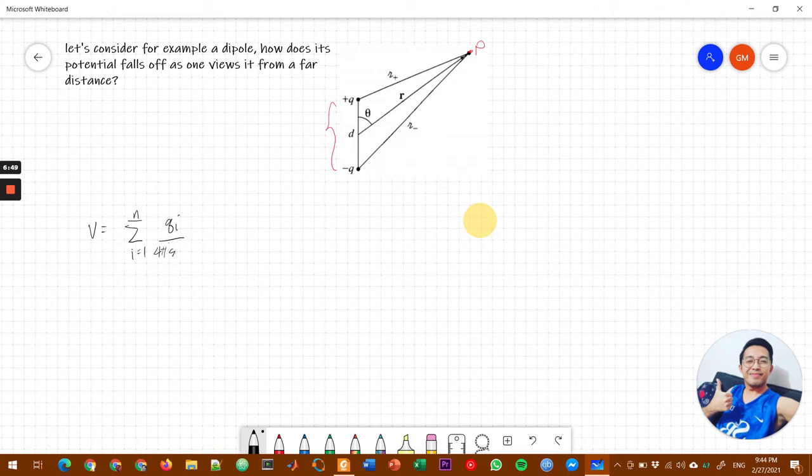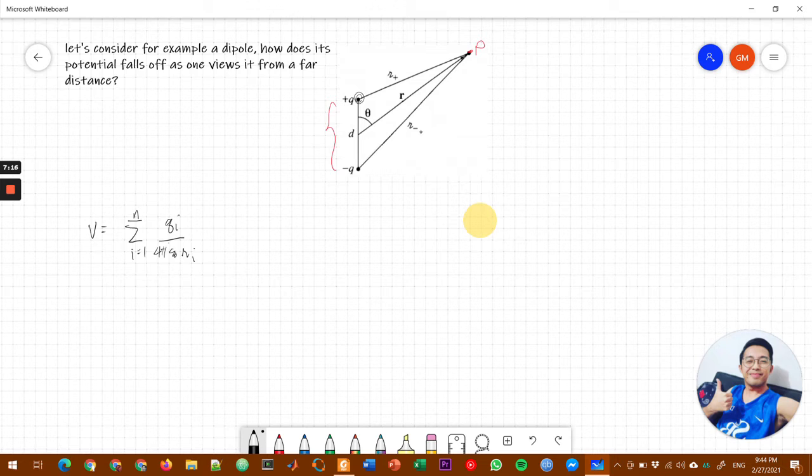Ri is the distance from the positive source charge Q to P, which is R plus, and for the negative source charge Q, the distance up to point P is R minus.